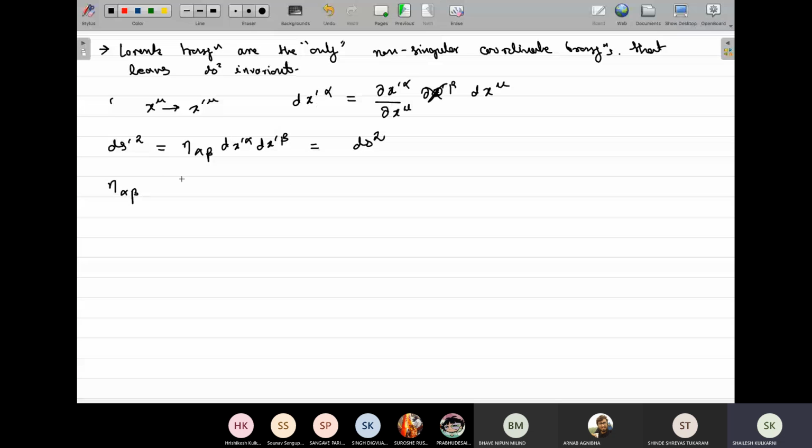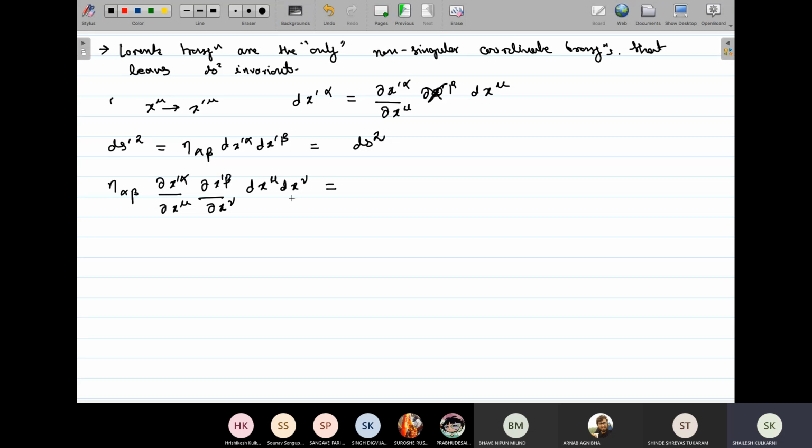So I will substitute this here. So eta alpha beta del x prime alpha by del x mu, and then for this del x prime beta by del x nu, okay, dx mu dx nu.